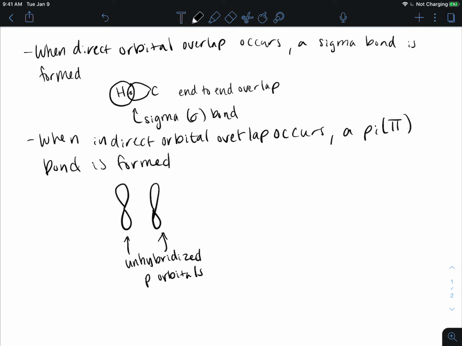This will form a pi bond. So what happens is we share electron density above and below our internuclear axis. With a sigma bond, we are along the internuclear axis.